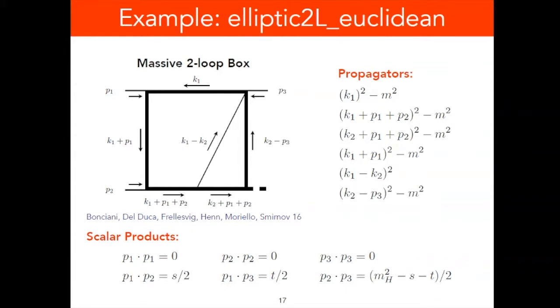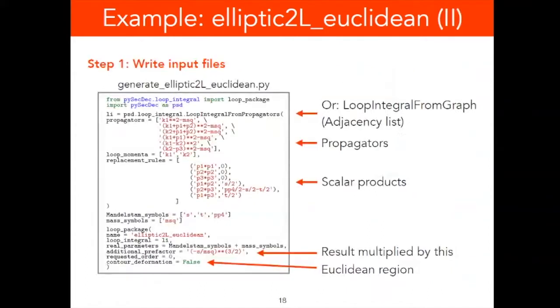And we can convert this propagator and scalar product list into an input card for pySecDec. This is how it looks. You import pySecDec, and this is just Python. You say, I want a loop integral from propagators, so I'm not going to construct it from a graph or an adjacency list, which you can also do. But I'm going to really tell you the propagators and loop momenta. Here are my scalar product rules, Mandelstams and mass symbols.